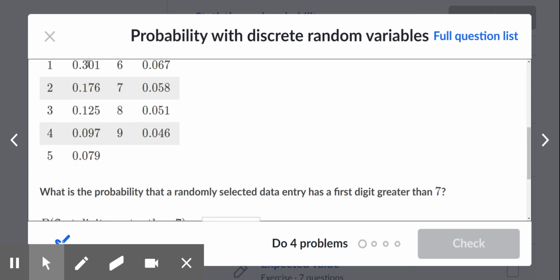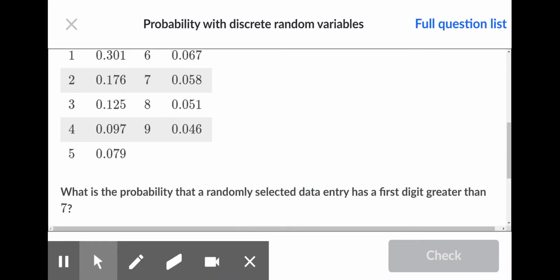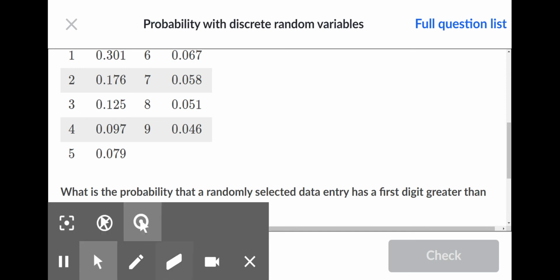0.046. It would be helpful to put my calculator up.